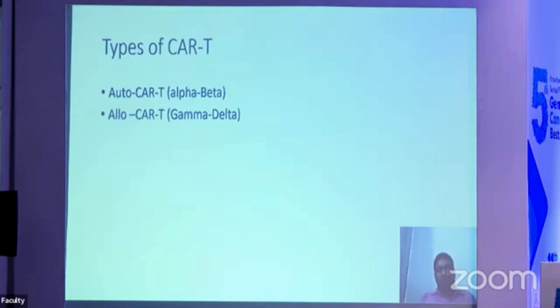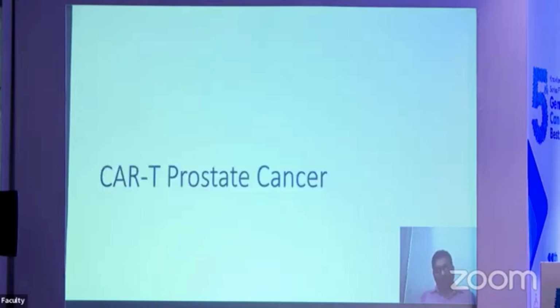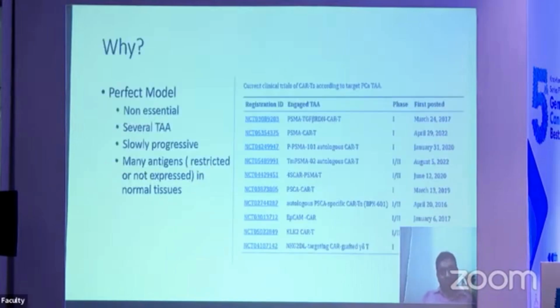And many of these allo CARs are actually MHC or HLA independent. So, especially for gamma delta allo CARs, they don't even have the issue of graft versus host disease. And in solid tumors, from whatever literature I understand, these might be the future.